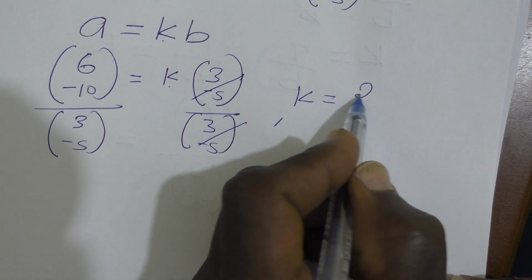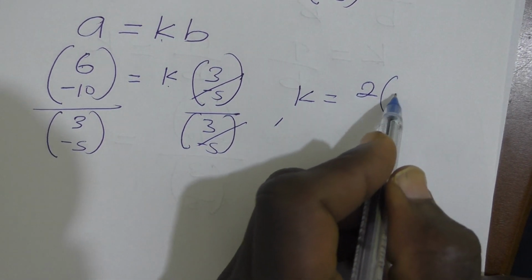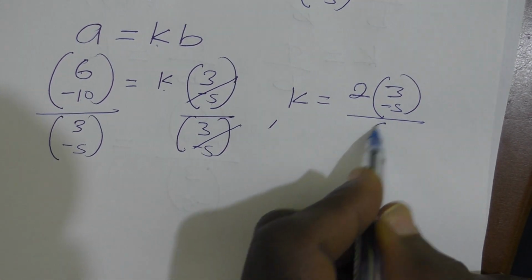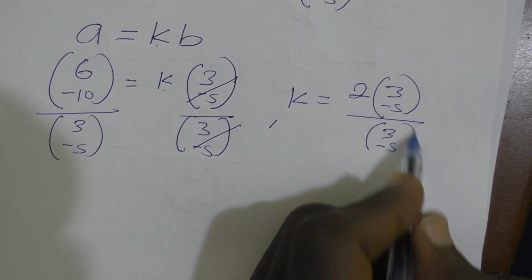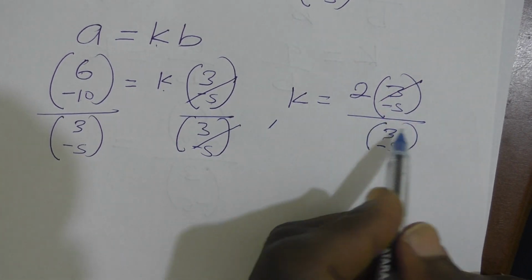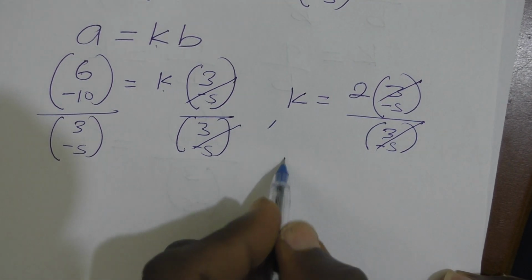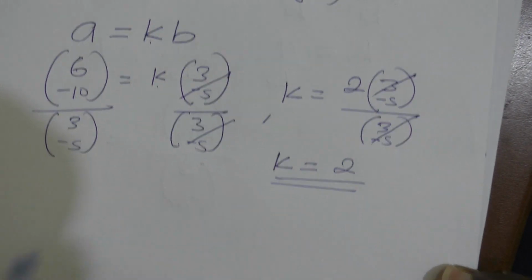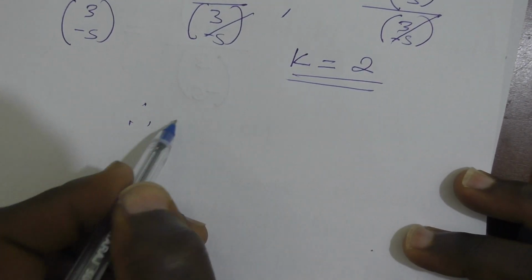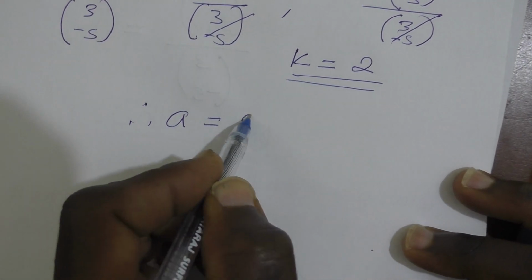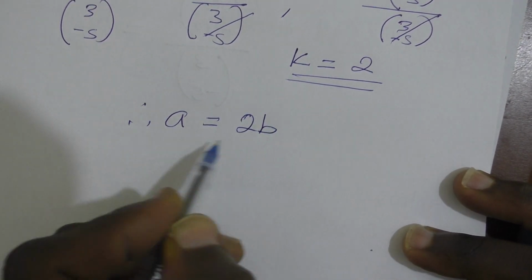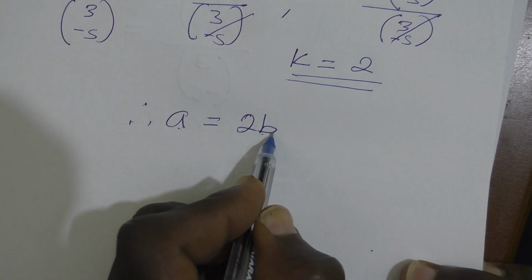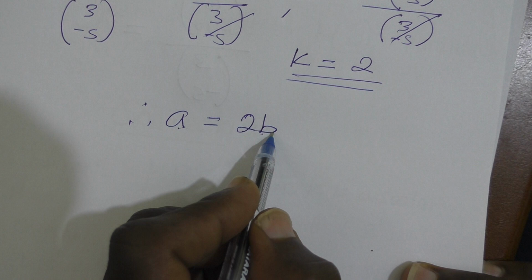So when we take out the 2, we remain with (3, -5) over (3, -5). And now these are the same. So that constant K, or the scalar K, equals 2. And therefore, A equals 2B. And since A equals 2B, the two are parallel.